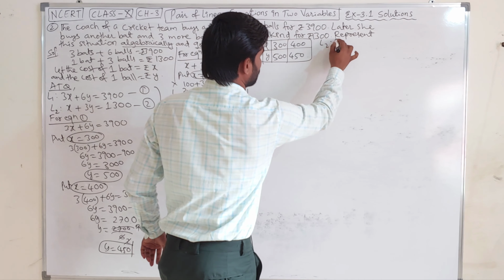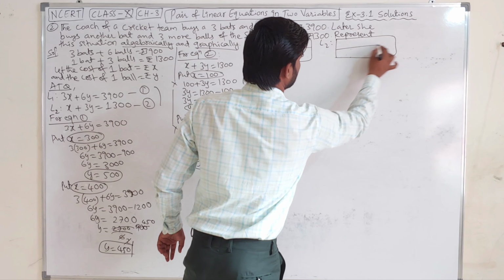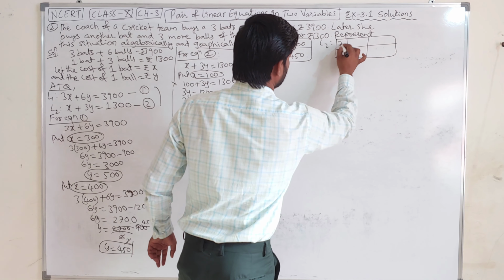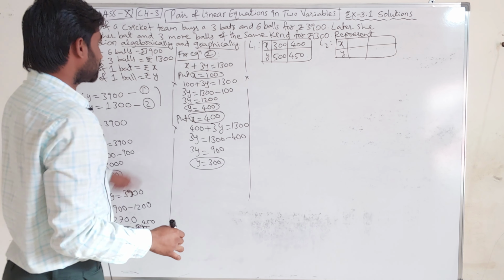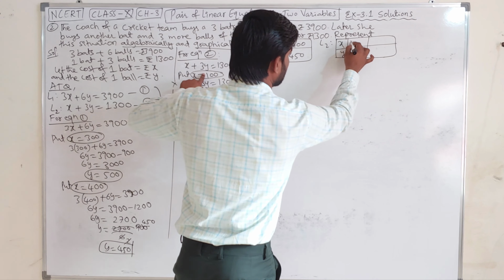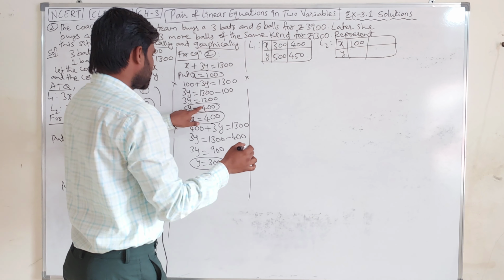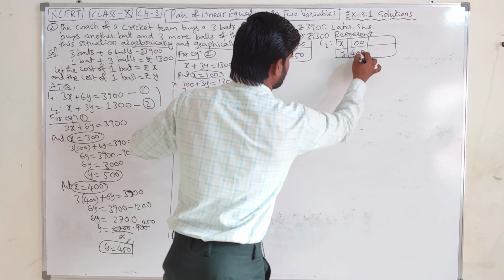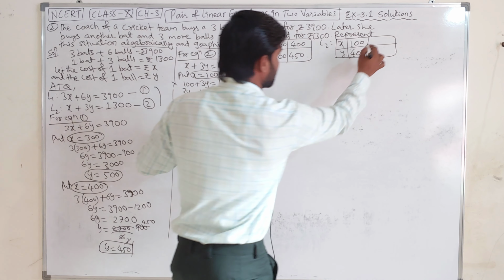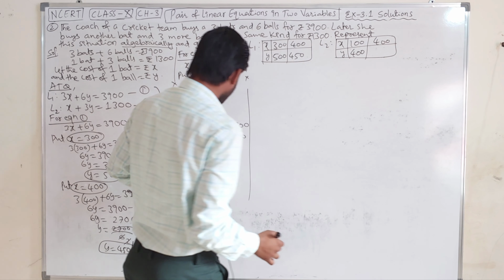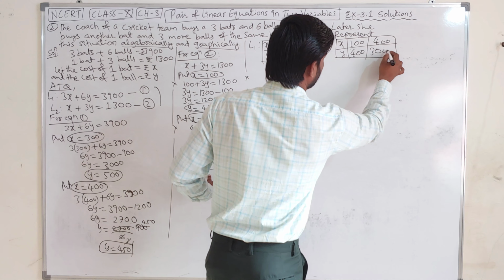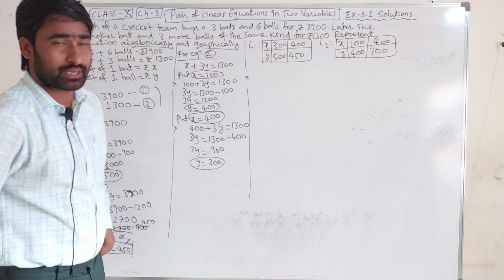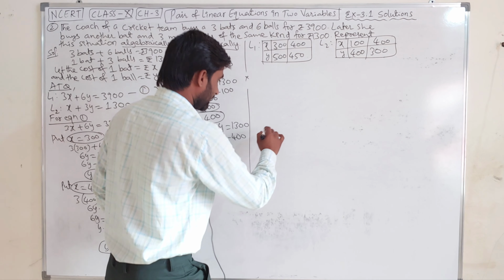For line 2, the first solution is when x is 100, y is 400. When x is 400, y is 300. So now these solutions we have to plot on the graph. Let us draw the graph.